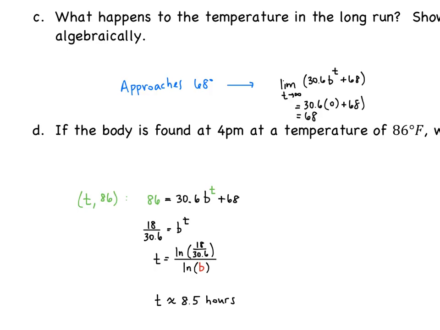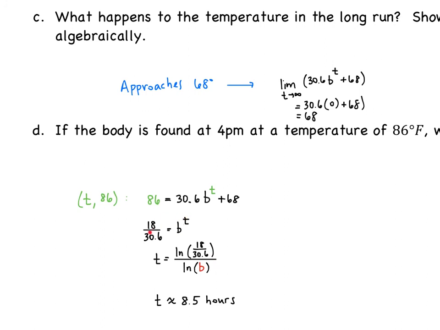As you go through the process, y is 86, t is t, subtract 68, divide by 30.6, and now remember b is equal to e to the k. As we solve for t, we've got ln of 18 over 30.6 divided by ln of b.